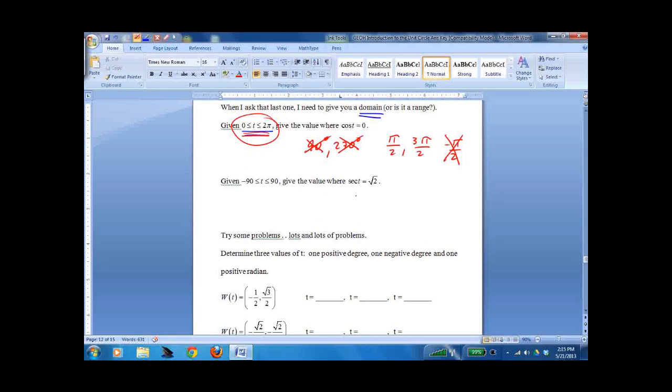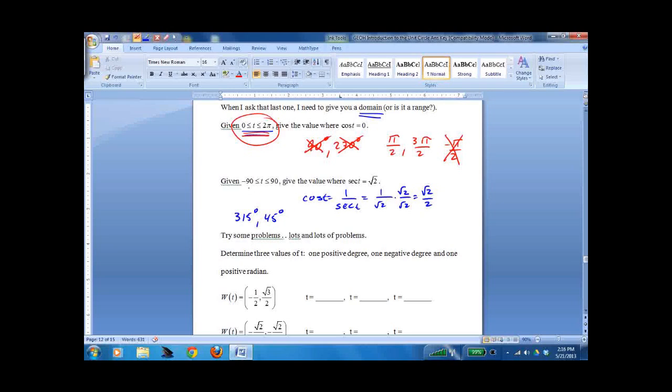Same thing here, secant equals root 2, so cosine is just 1 over secant. So that would be 1 over root 2, which we rationalize. Root 2 over 2. So where does cosine equal root 2 over 2? Well, I happen to know that it equals that at the 315 degree and 45 degrees.